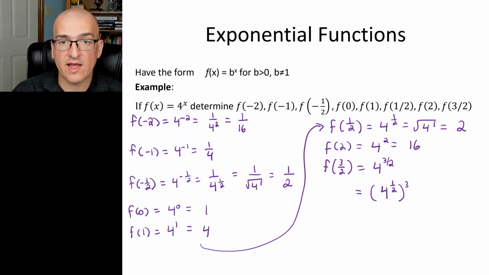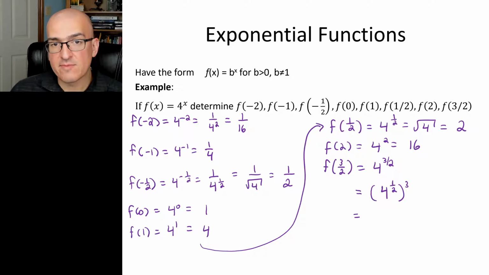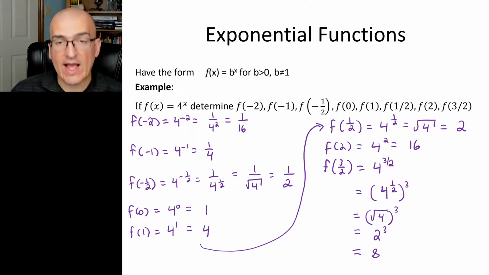We're writing it as 3 times 1 over 2, and then using the law of exponents, just using the law backwards. It says that a to the m all to the n is a to the m times n. We're writing that in reverse. Okay, now we can convert that into a square root. So we have square root of 4 all to the power of 3. So that's 2 to the power of 3, which is 8. So that last one is the hard one. That's the challenging one. We have to use several different exponential function notation shortcuts.